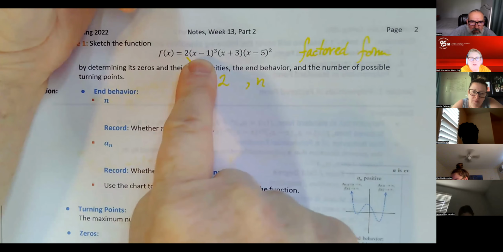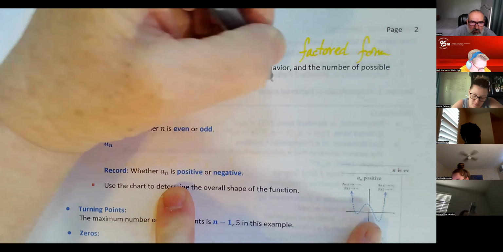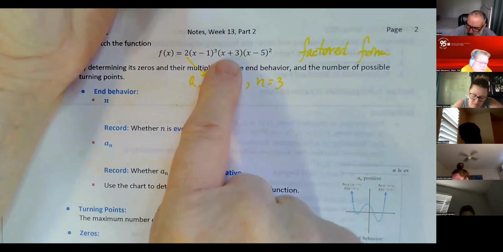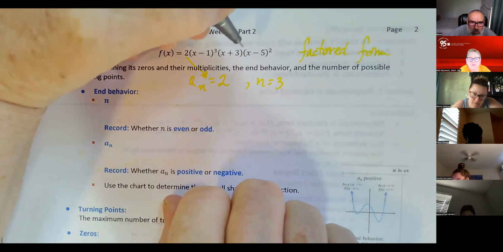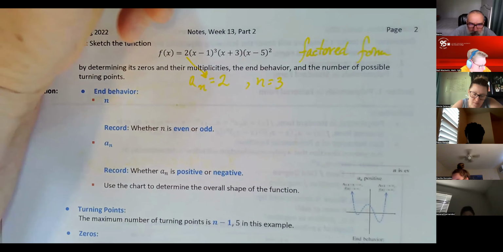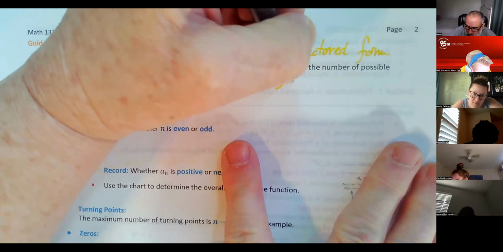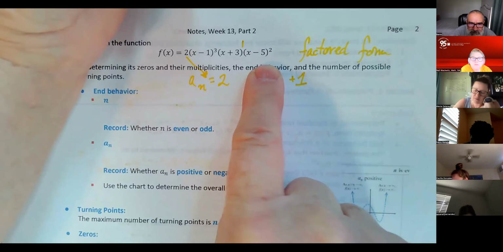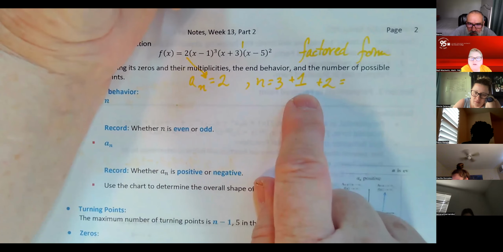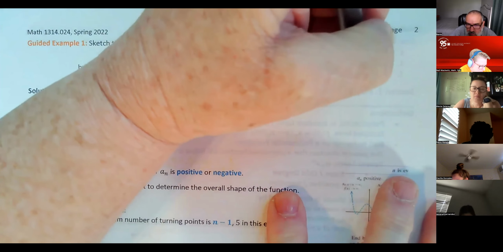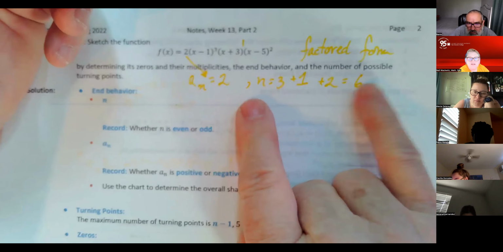Well, the exponent on the first factor is 3. What's the exponent on the x plus 3 factor? There's no exponent written. So what is that? Good. And then plus 2. And let's see, 3 plus 1 is 4, plus 2 more is 6.